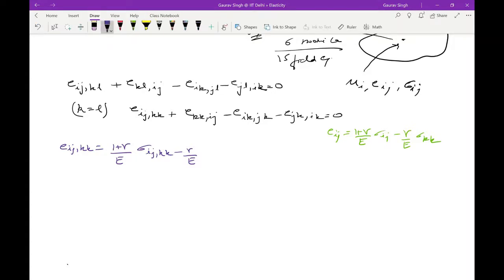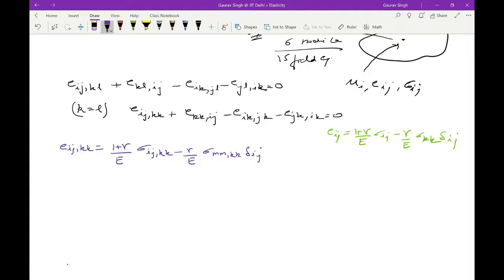There's a delta ij missing, so that would be sigma mm,kk into delta ij. And again, due to the chain rule, there will be differentiation of delta ij twice, but that would be 0, hence I am not writing it. So that takes care of the first term.